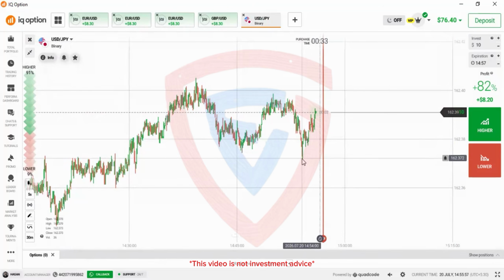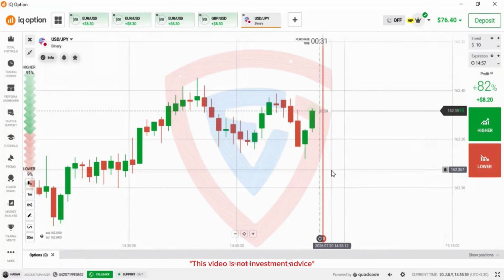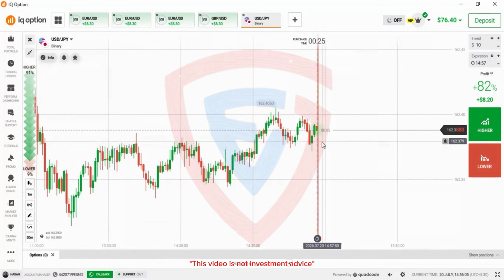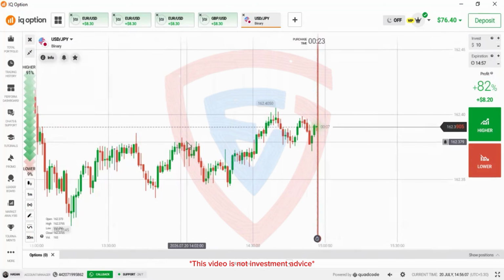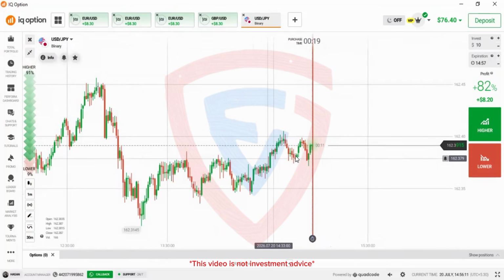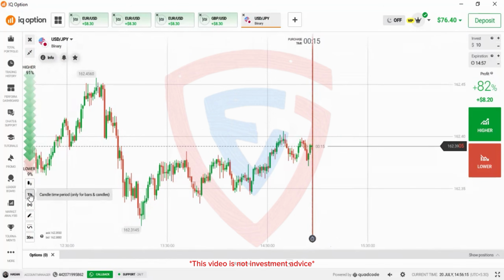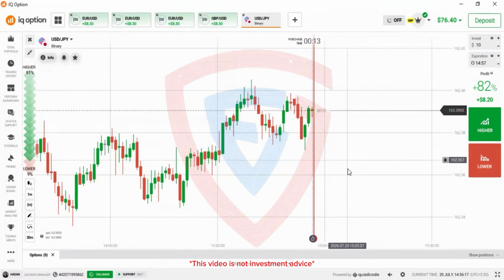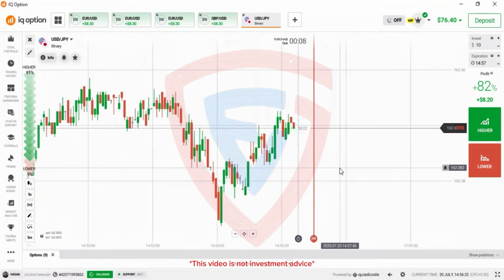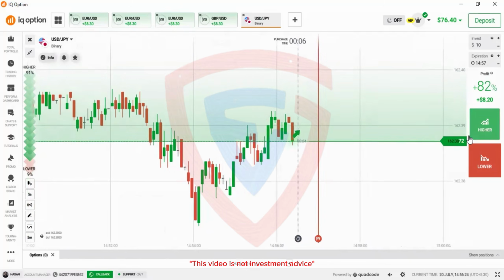It made a low. Okay. So it made a low, but it got support here again from this point where previously buyers got support. Again, it started to go up. Okay.